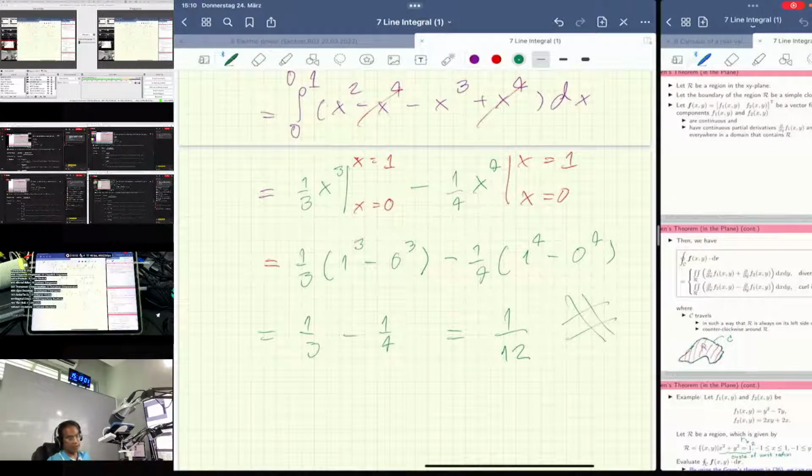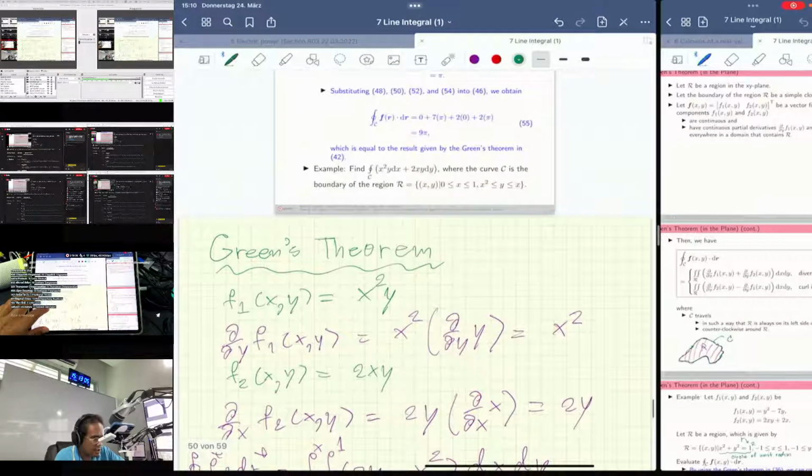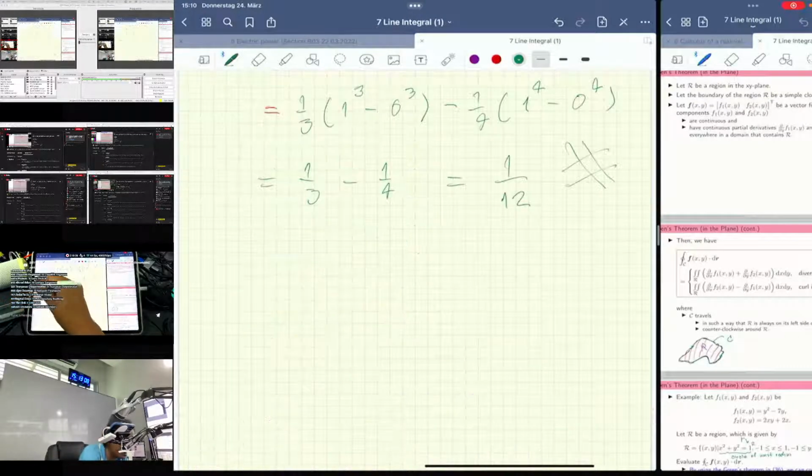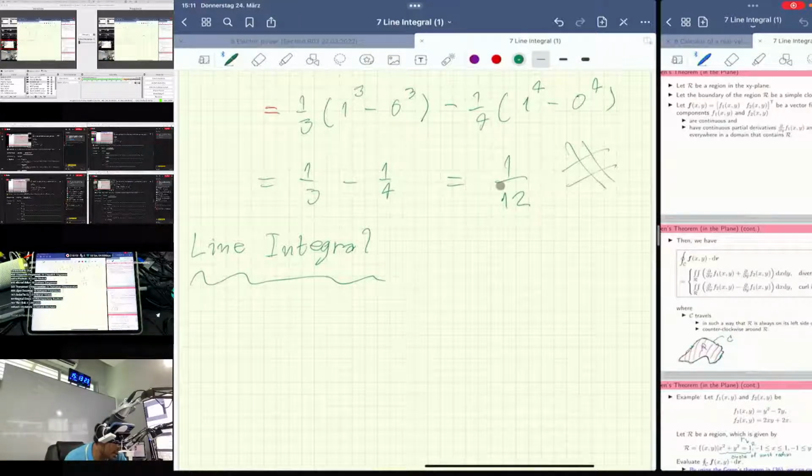By using the Green Theorem, it might not be so complicated. But if you use the straightforward way, the method by line integral, it's going to be more complicated, but you will end up with the same solution, 1 by 12.